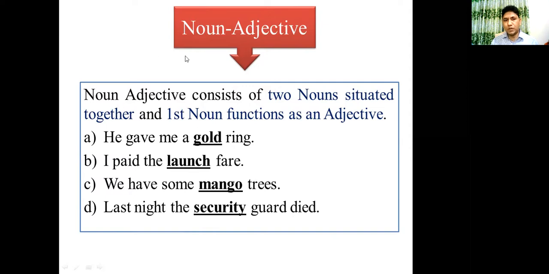So, what do you mean by noun adjective? When two nouns are situated together, in such cases, the first noun functions as an adjective and we call it a noun adjective. You see, gold ring: here, gold is a noun adjective. Lawn's fear: lawns is a noun adjective. Mango trees: mango is a noun adjective. Security guard: security is a noun adjective.